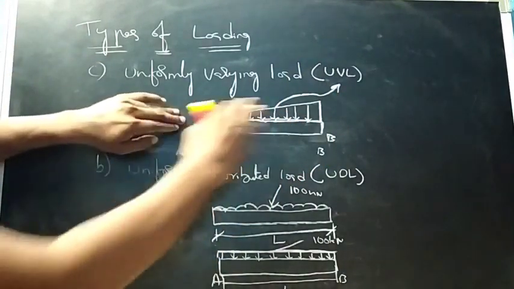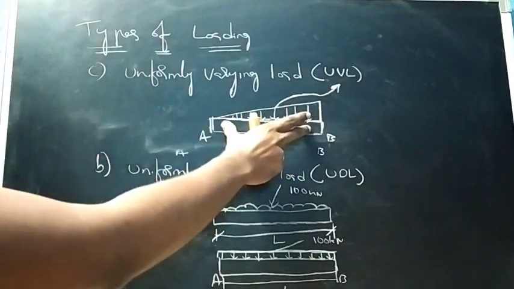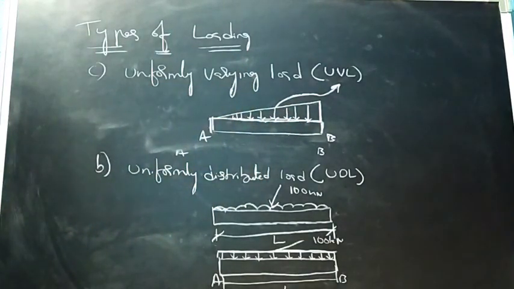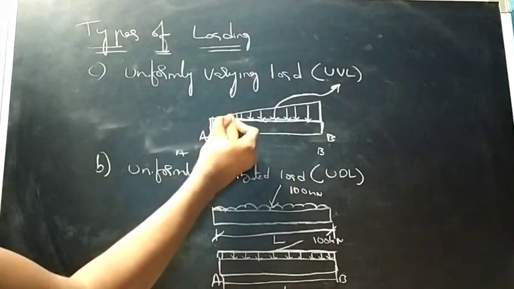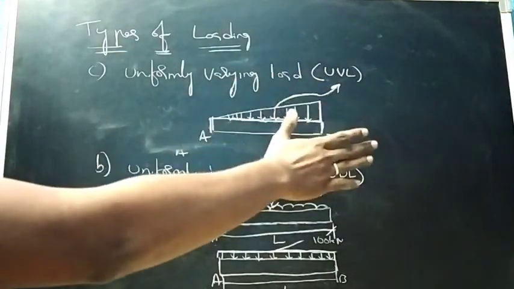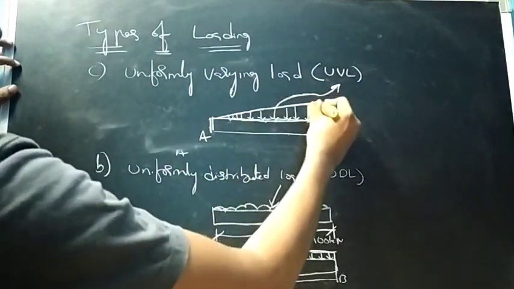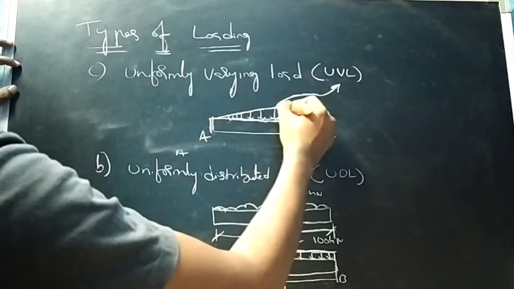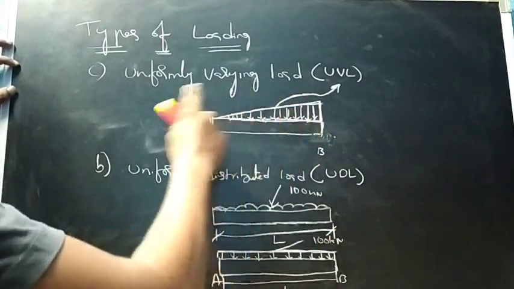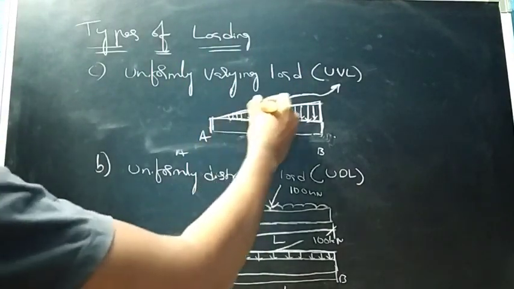The load will spread over a beam such that the rate of loading varies uniformly, right? Every point by point it will vary. So you can call it triangle kind of loading, right? And this is a rectangular shaped loading, and here it is triangle kind of loading.